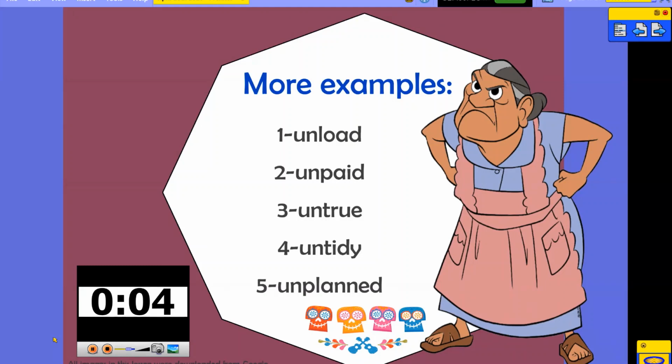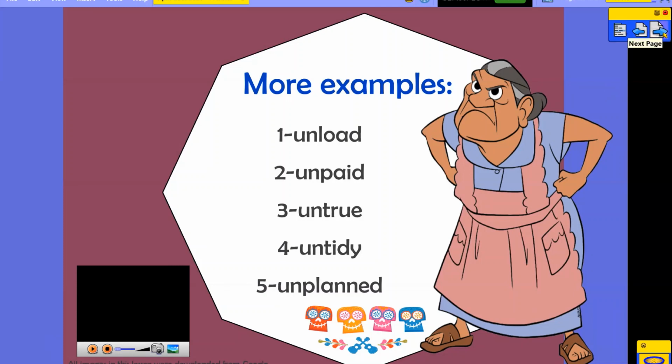Five, four, three, two, one. Time is up. Remember, do not erase your sentence. I'm going to tell you what we're going to do with it.